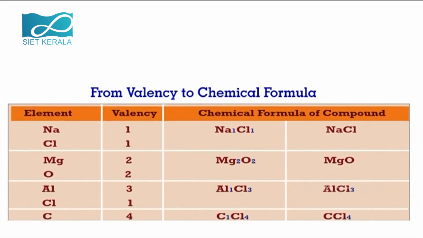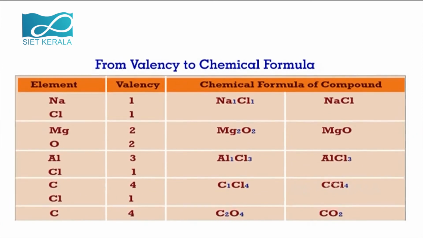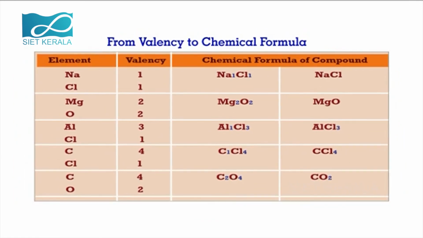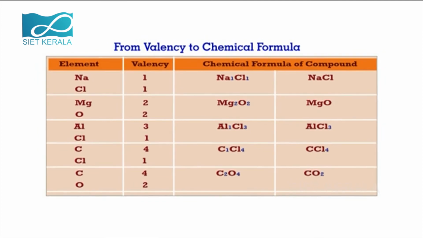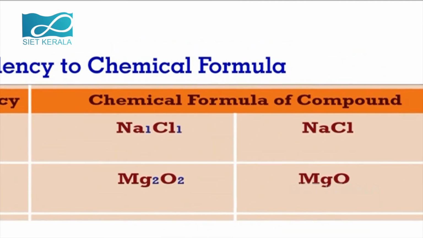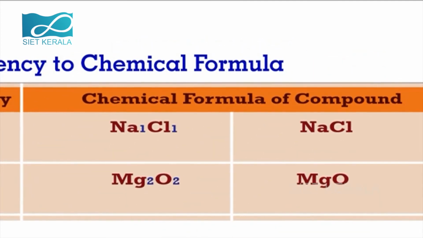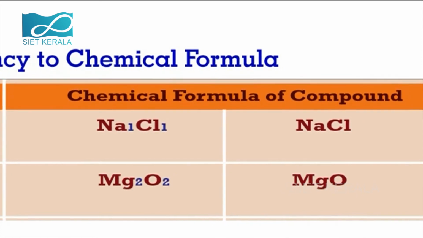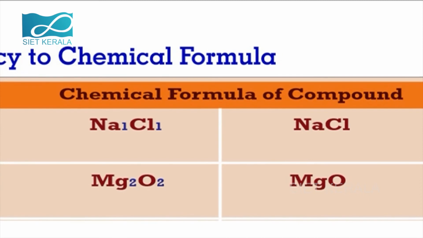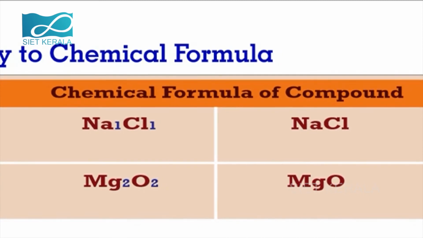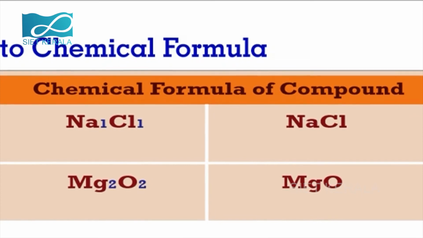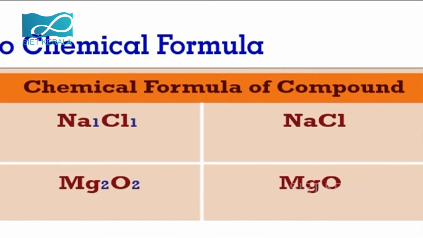Let us examine the valency of each atom in these compounds and see the chemical formula. Watch sodium chloride. Here, the valency of each atom is 1. So, we can write the chemical formula of sodium chloride as Na1Cl1, that is, NaCl.